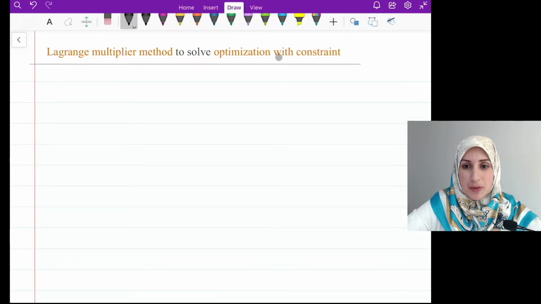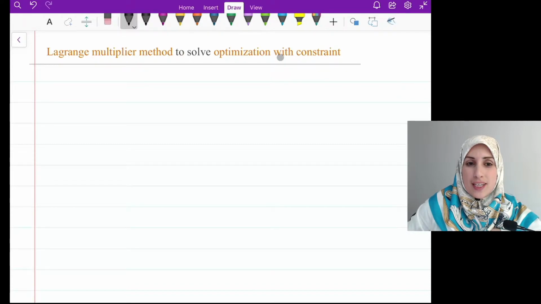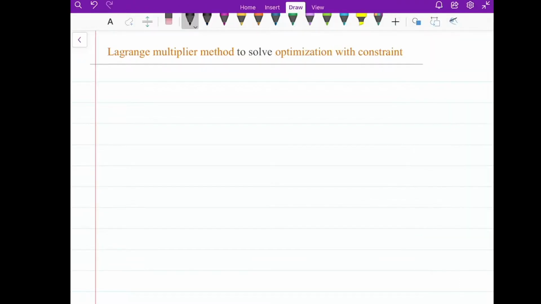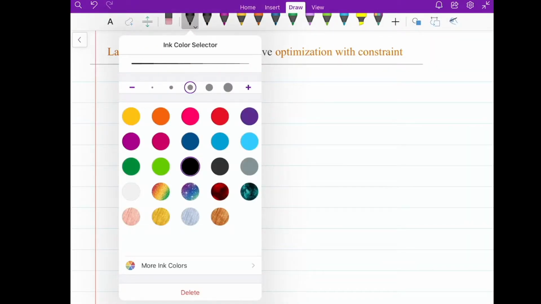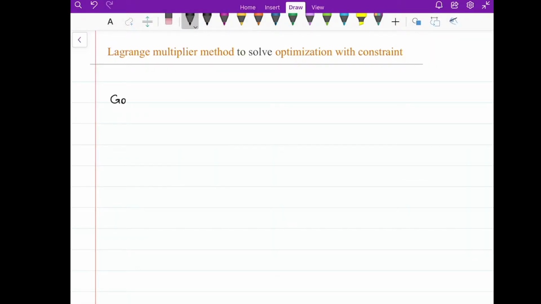This lecture is part of an online course of multivariable calculus, and we are going to look at the Lagrange multiplier method, and we're going to see how we can use that to optimize a function of 2 variables or 3 variables with a constraint. So let me start. The goal here is this.